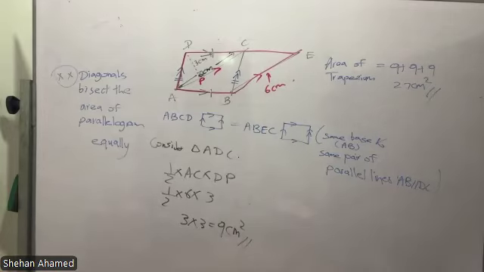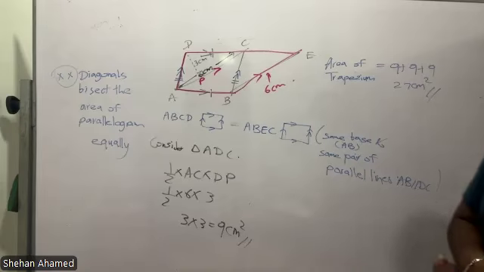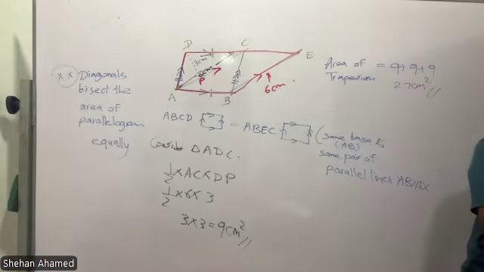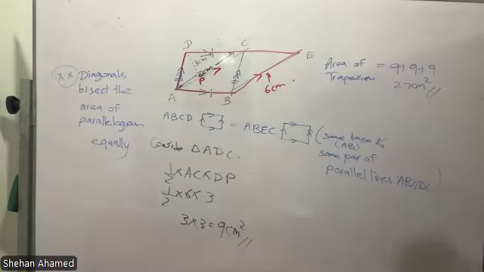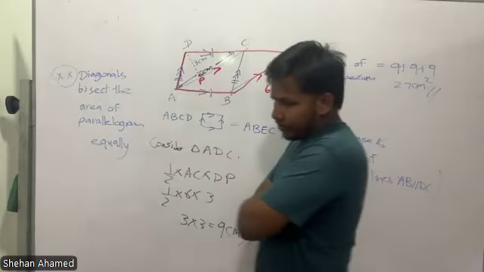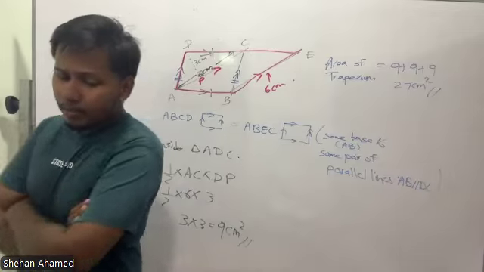If you are done with the question, try question number 17, the 2024-2025 O level question. Try that. It's a prism related question.